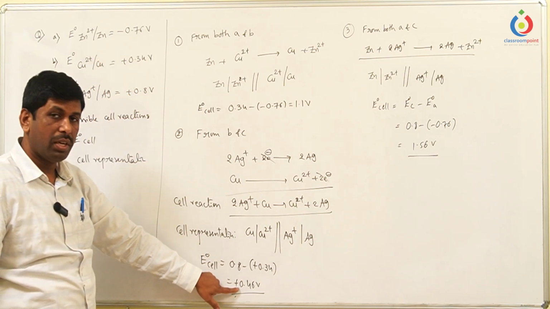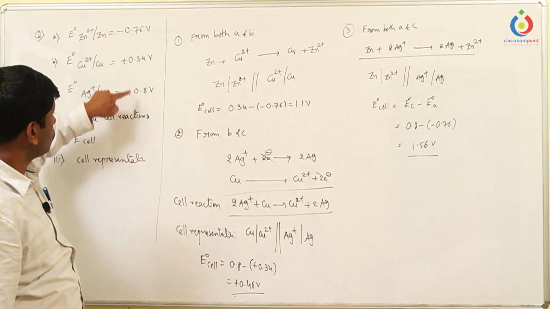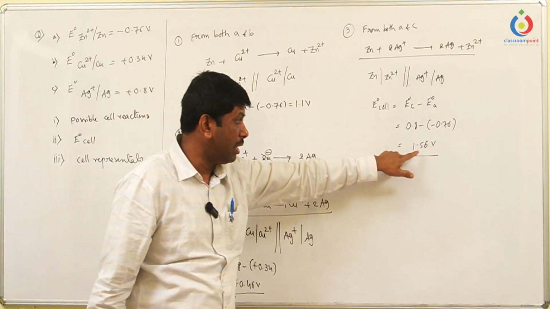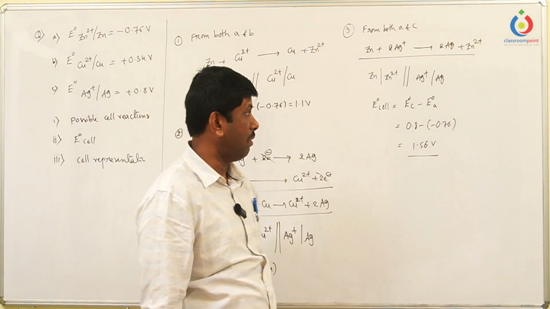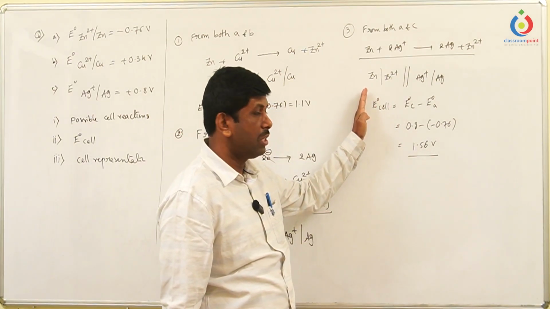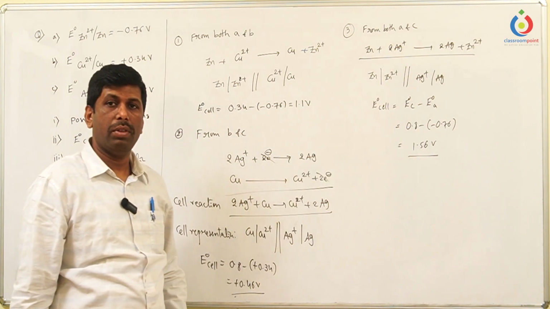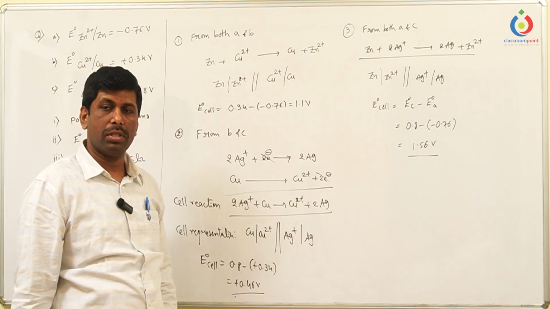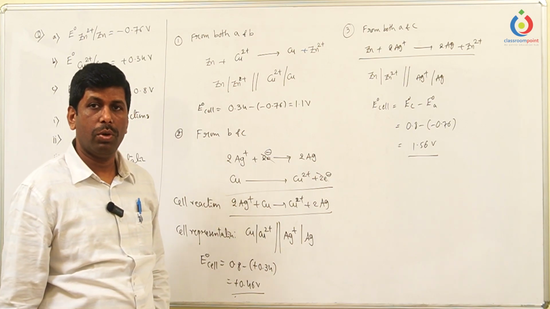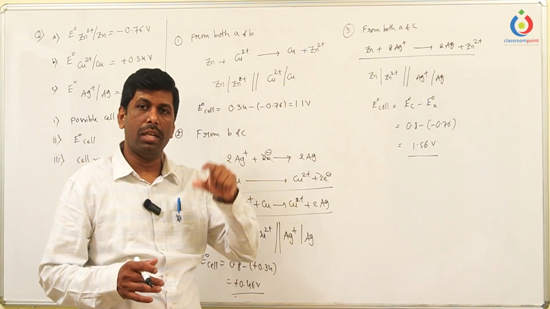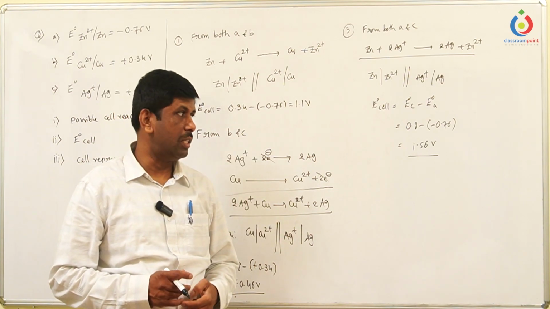That's why the E0 cell value is less. In these two cases, higher positive value, lower negative value. That's why here we got the highest E0 cell value. So a higher E0 cell value is observed only when the cathode has the highest standard reduction potential and the anode has the lowest reduction potential, so that when the gap is higher, the E0 cell value increases.